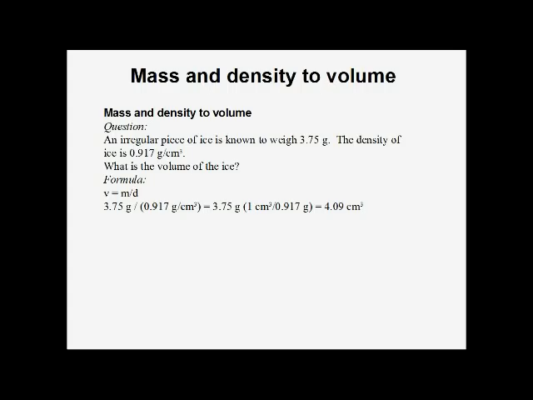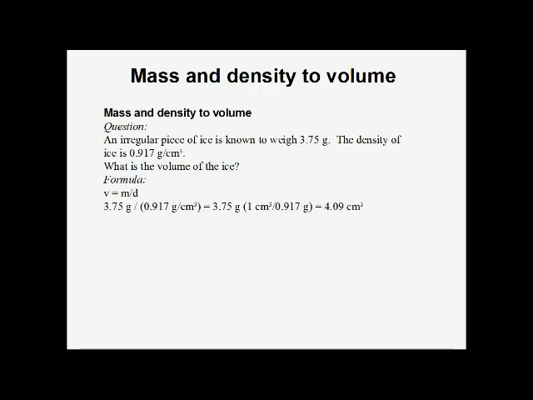So if we have volume of ice that weighs 3.75 grams, we know the density of ice is 0.917 grams per cubic centimeter. We want to know the volume of the ice. So we take our density as mass divided by volume, solve for volume. When we solve for volume, we end up with mass divided by density. We can also get this by looking at the units of mass and density.